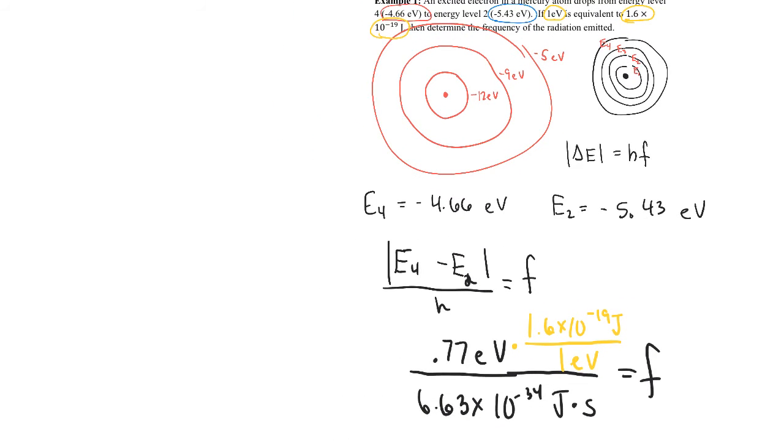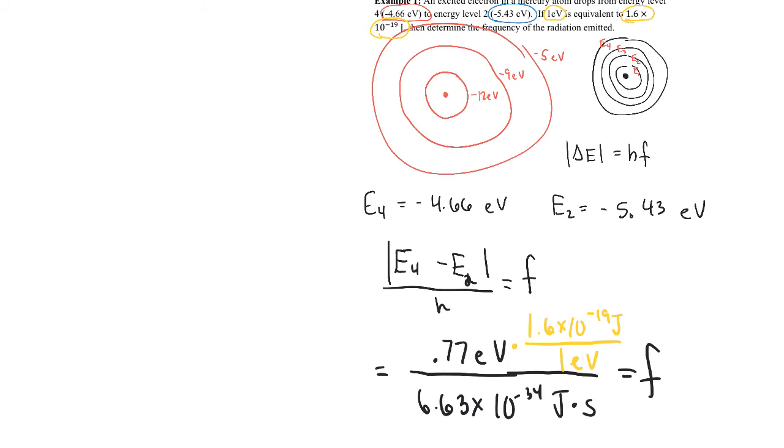Okay, so again, 0.77 times 1.6 times 10 to the negative 19 is the number that's going to be in the numerator. What's 0.77 times 1.6 times 10 to the negative 19? Anybody got it?